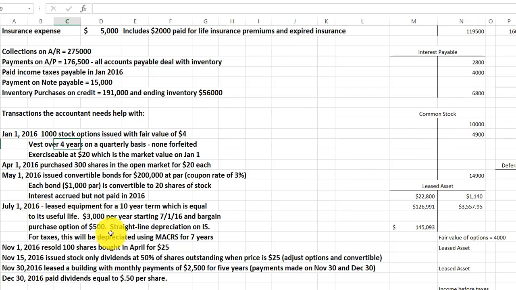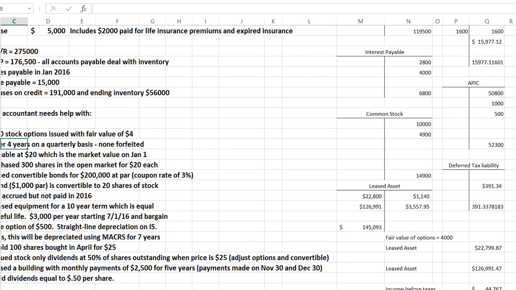Also, leased equipment started on July 1st, $3,000 per year. So this is harkening back to our lease scenario. We're only going to make one payment per year of $3,000 starting on July 1st. So we're going to take the present value of that.